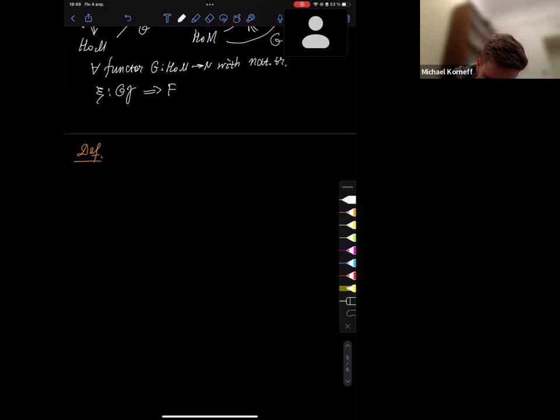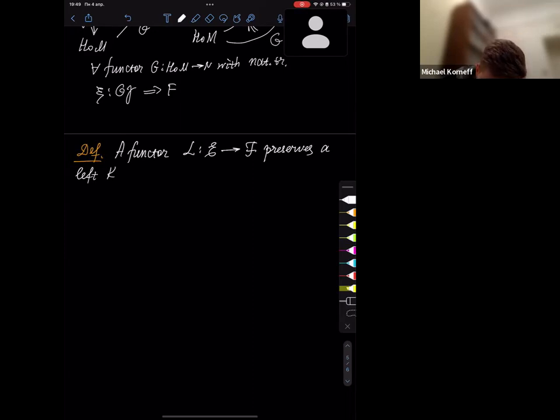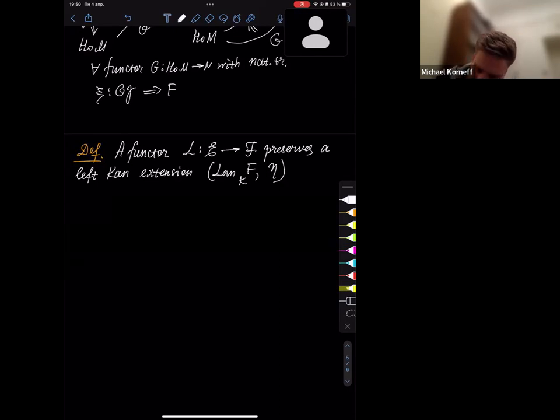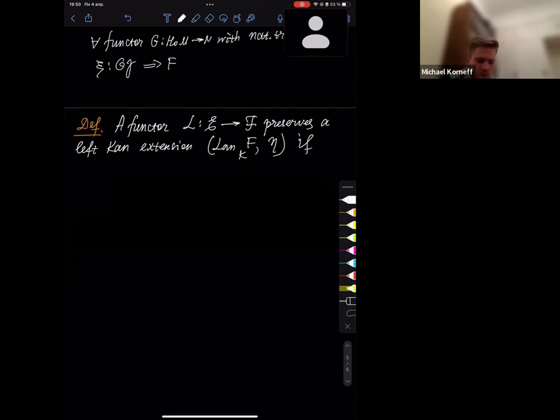I recall that a functor L from E to F preserves the left Kan extension of a functor F along K with a unit eta if we have the following identification of the diagrams.